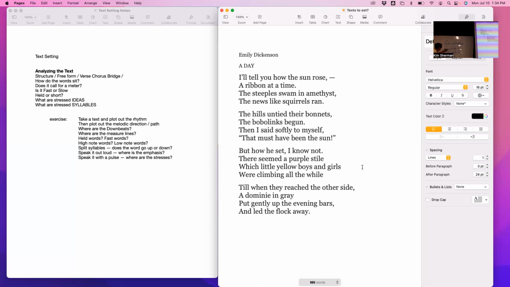So these are strong: da, da, da, da, da, deep, ran. Those are all good ones: sun, rib, time, steep, am, news, ran.